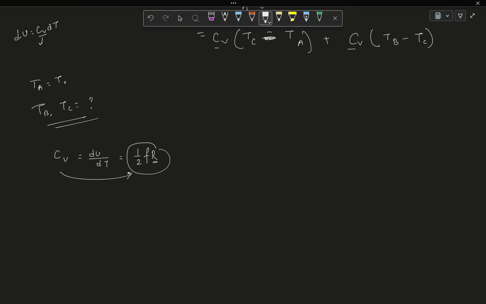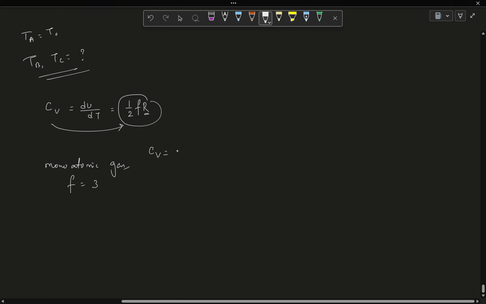That is given to us, right? And this f is the degree of freedom. So in this case, the question has mentioned, you remember, that this is a monoatomic gas. Monoatomic means your f is simply 3 degrees of freedom. So then Cv is half 3R, right?